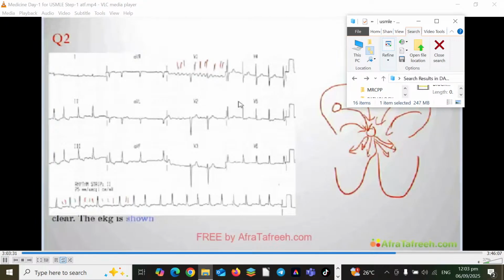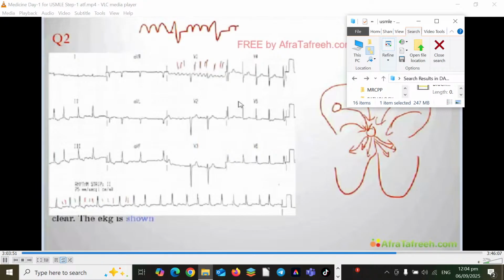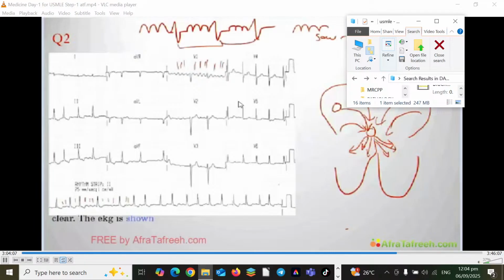That means after every third impulse that hits the AV node, one passes into the ventricle. So it would look something like this. This pattern is called a sawtooth pattern, and it is seen in atrial flutter. In flutter, the QRS duration is normal, because the atria is contracting as one.